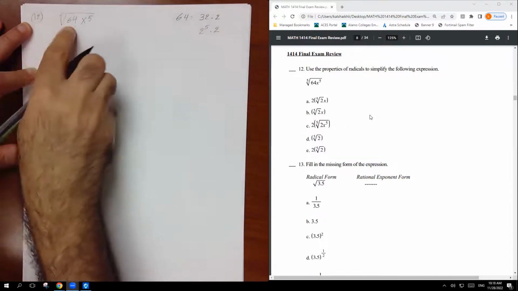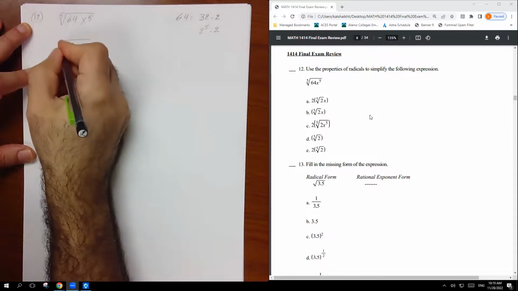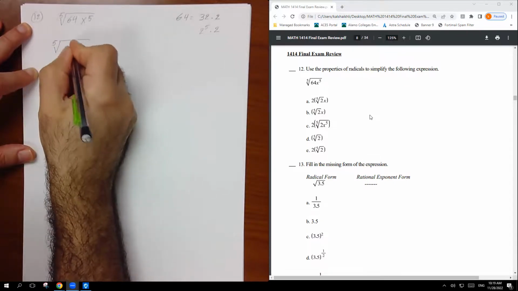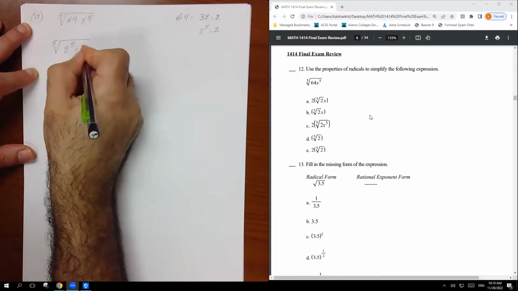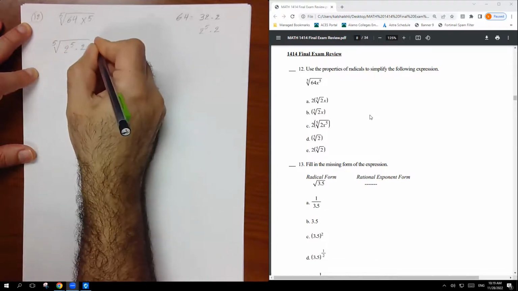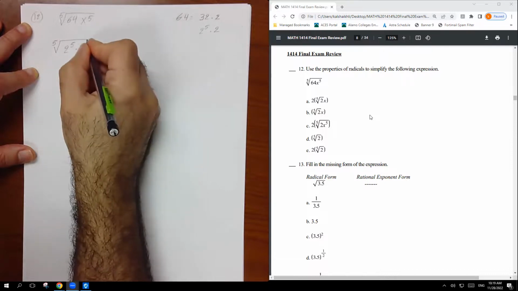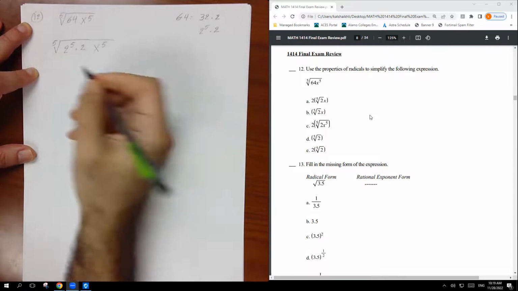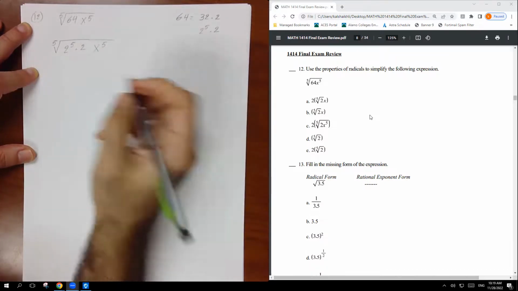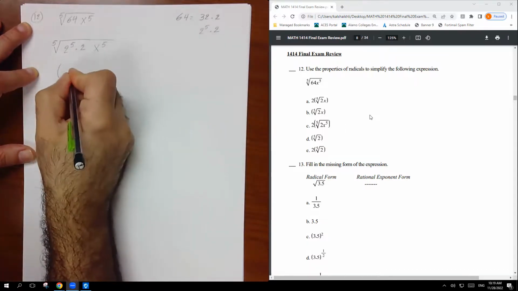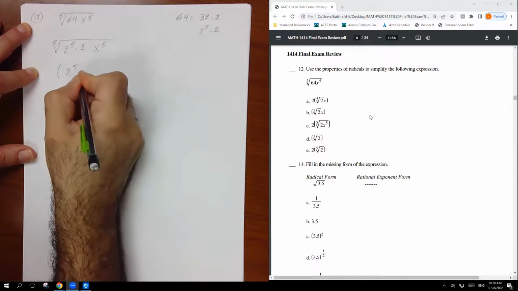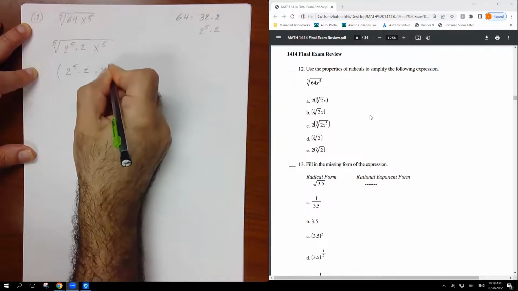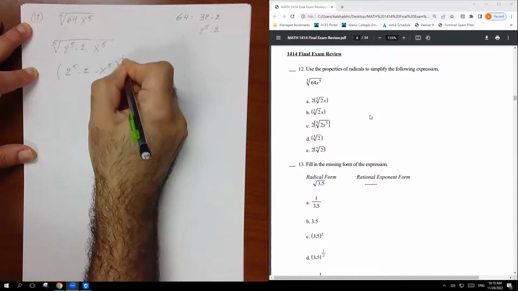So now the fifth root of 64 is the fifth root of 2 to the power 5 times 2, and x to the power 5 here. Now we're going to convert this one to the rational exponents. So it's going to be 2 to the power 5 times 2 times x to the power 5 and everything to 1/5.